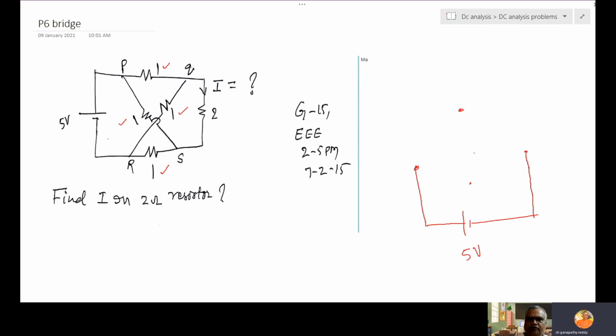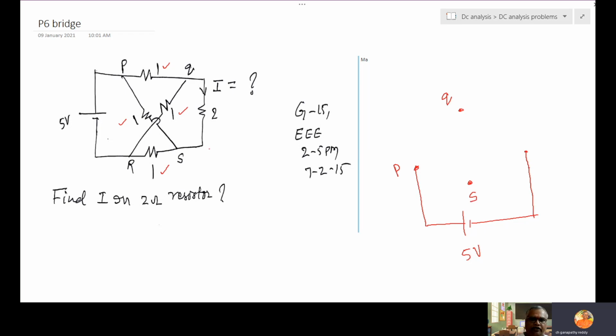So these are the 4 points. This point is P, and this point is Q. This point is S.